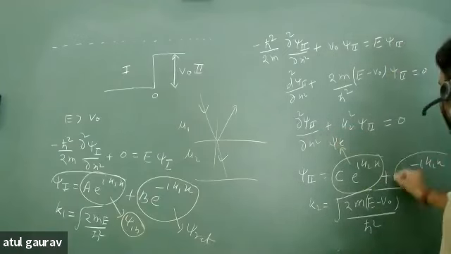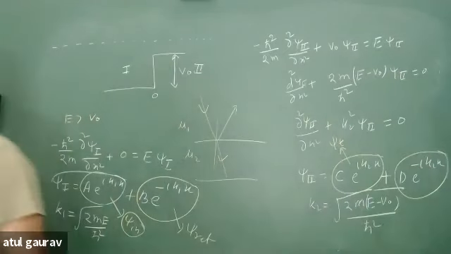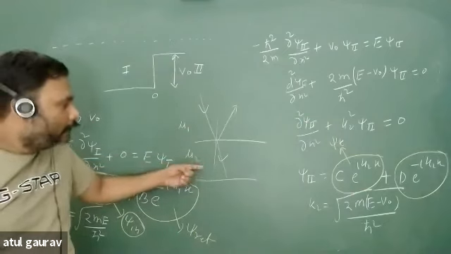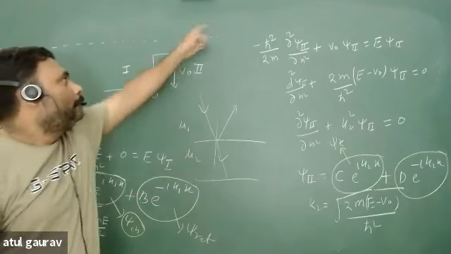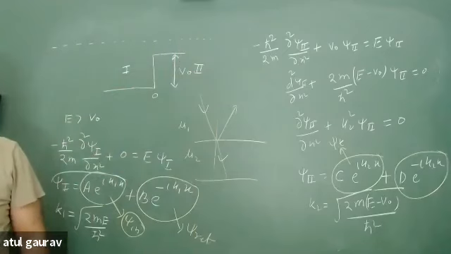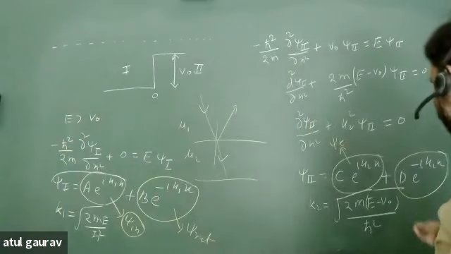Now, what is the physical significance of this one? Reflection in the second region. But reflection can happen only if I have a different speed of the particle in this region. It is not going to be possible, so this is not physically accepted.